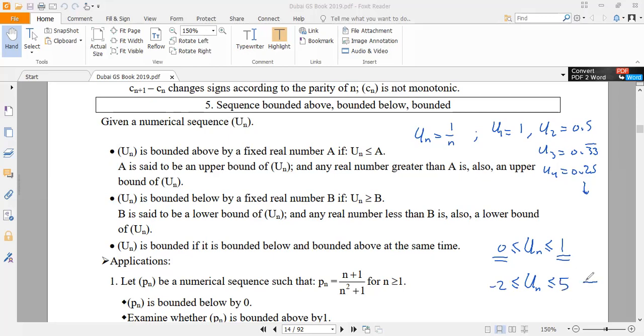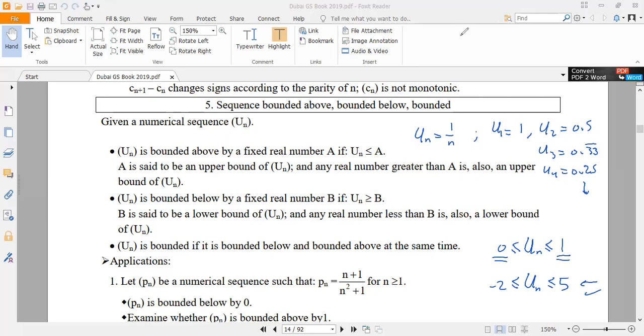This will still be correct. So 5 is an upper bound of un because un cannot be greater than 5, and -2 is also a lower bound for un because un cannot be less than -2. It cannot be less than 0, so it cannot be less than -2. It cannot be greater than 1, so it cannot be greater than 5 as well.